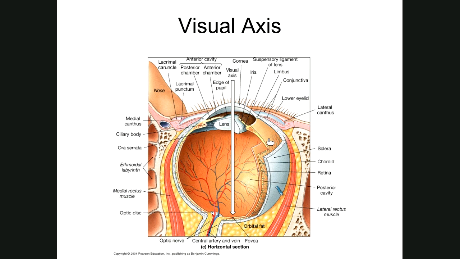It's also heavily pigmented, so the back of the iris is going to be kind of a black or purplish color. The back of the ciliary processes, they're going to be heavily pigmented, so they'll be dark. And the inside of your eye is going to be dark.